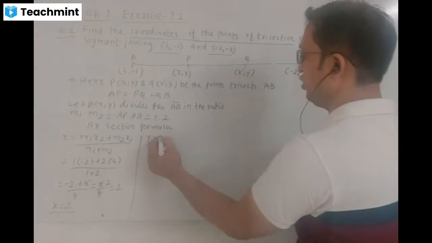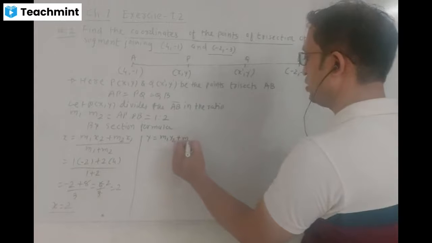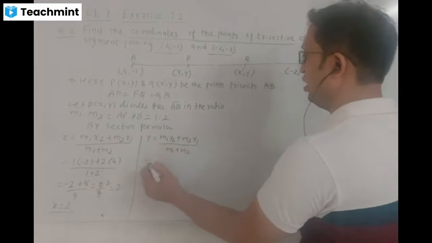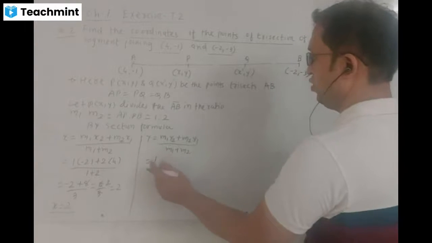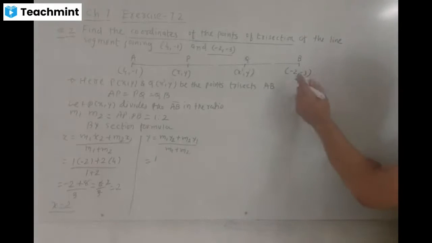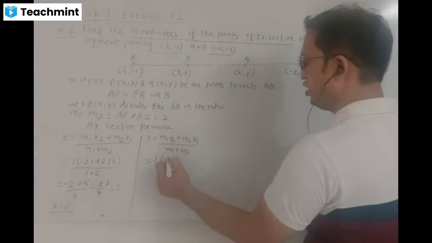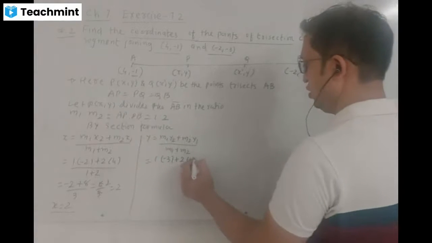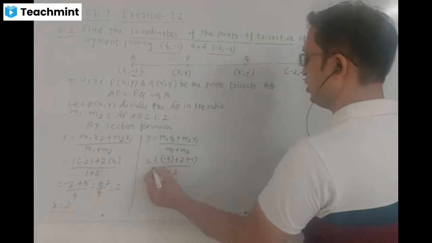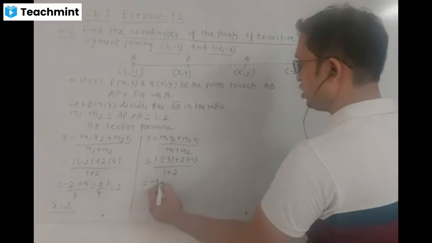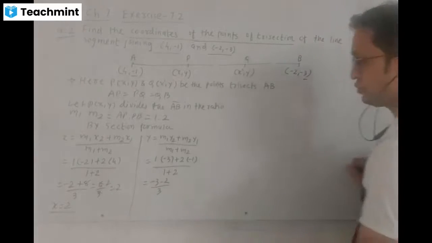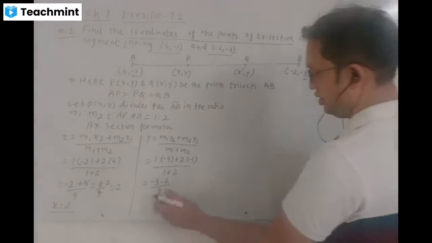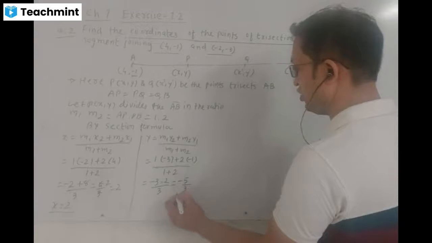Similarly, y is equal to (m1 y2 plus m2 y1) divided by (m1 plus m2). m1 is equal to 1, y2 is equal to negative 3, plus m2 is equal to 2, y1 is equal to negative 1, divided by 1 plus 2, that is minus 3 minus 2 divided by 3, that is equal to minus 5 by 3.